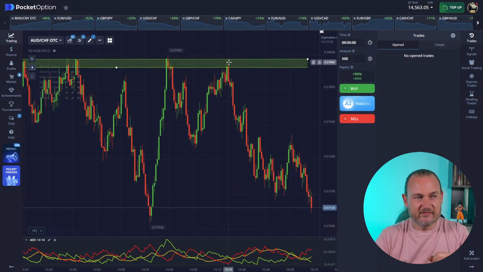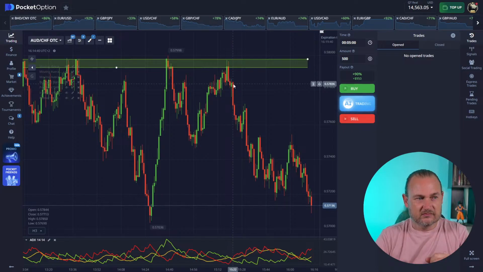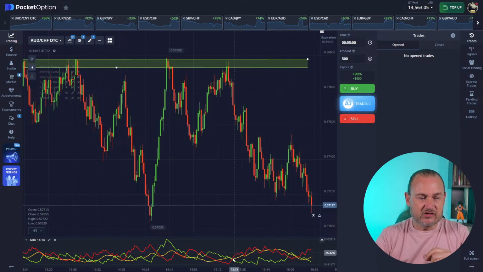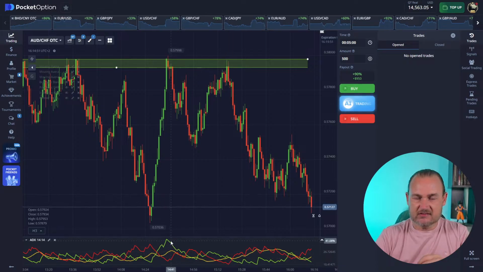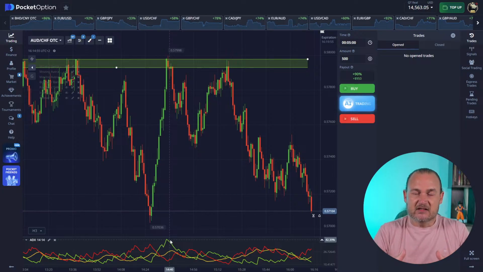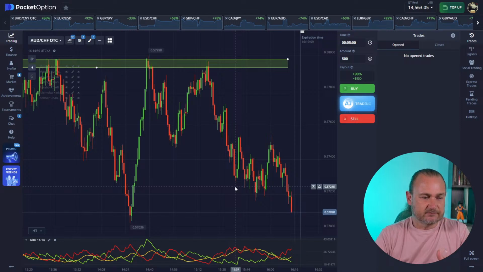For this one, we wouldn't have taken the trade there, we would have taken it somewhere here. And again, we're on a 1 minute chart. If you did a 3 or 5 minute trade on this, it would have been good. So we can use the crossovers and the spikes of the ADX to find entries by simply adding the support and resistance levels of the current asset that we're looking at.